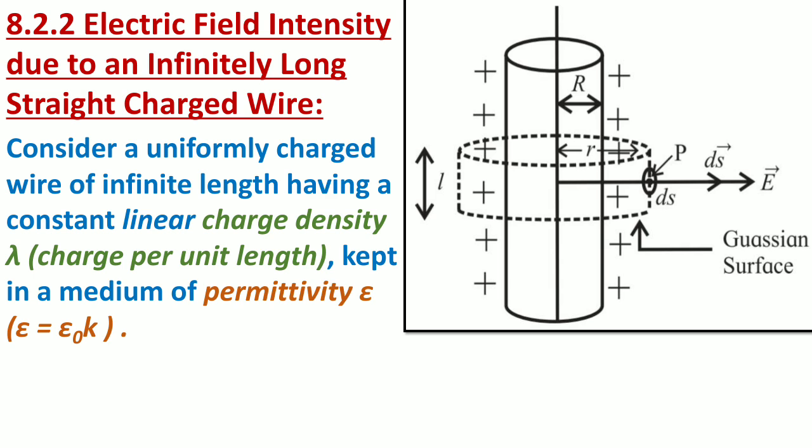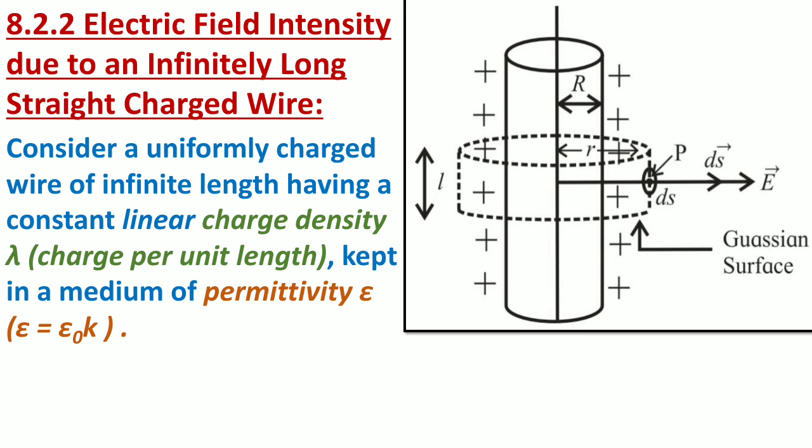Imagine a coaxial Gaussian cylinder of length small l and radius small r, closed at each end by plane caps normal to the axis, passing through the point capital P. Consider the very small area ds at the point P on the Gaussian surface.